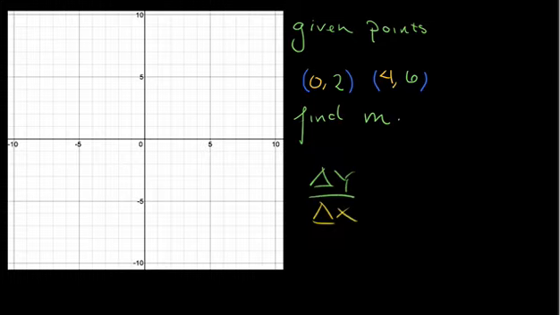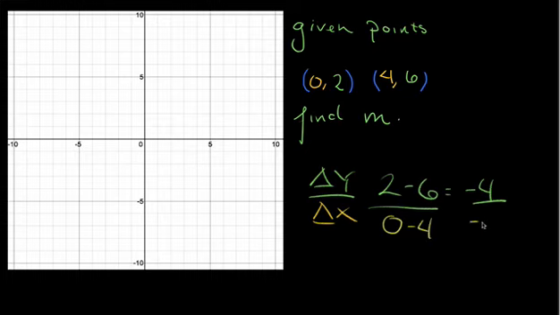So let's get back to y. The difference between 2 and 6, and you can probably tell that that's going to be negative 4. And let's find the change in x. That's going to be 0 minus 4, and that's negative 4. Oh, so that gives us a slope, an m, of negative 4 over negative 4, which is basically positive 1. m equals 1.